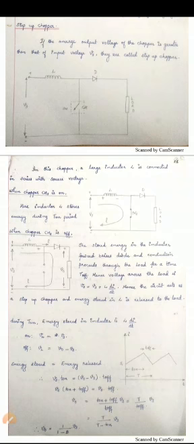Here a large inductor L is connected in series with the source voltage. So what happens when the switch is on and when the switch is off? First we take the case shown in the first figure, which shows how the circuit operates when the switch is on.